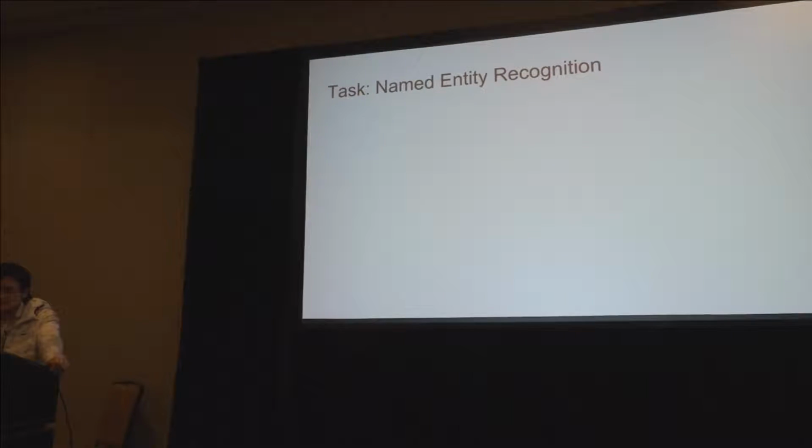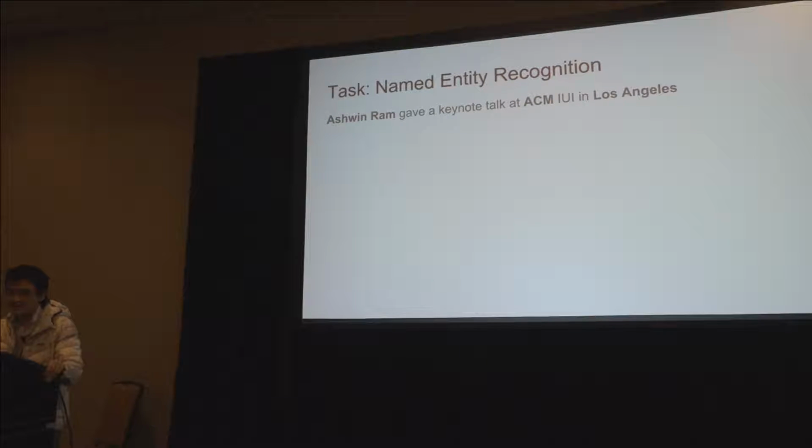We consider this task in natural language processing. The named entity recognition task is the following. Suppose you are given a sentence: Nguyen Graham gave a keynote talk at ACM in Los Angeles. So that was what happened this morning.